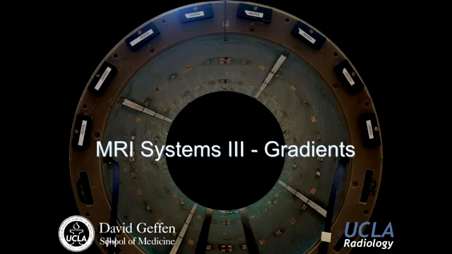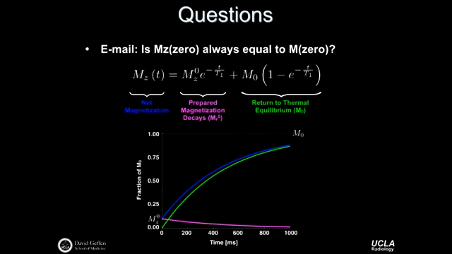Question? Just another quick question about the graphs. Is that magnetization as a result of the B0 field or B1, or could it be either? Okay, good question. So the condition that's being shown in this particular graph is that the only thing happening is relaxation, which means it's free precession.